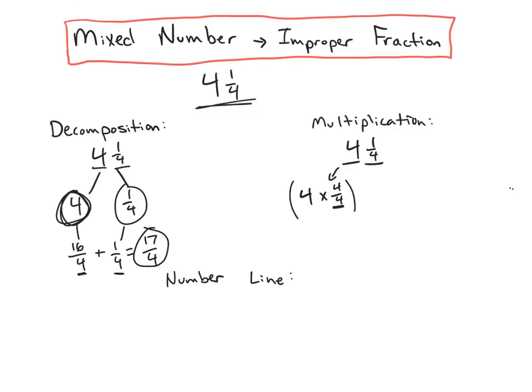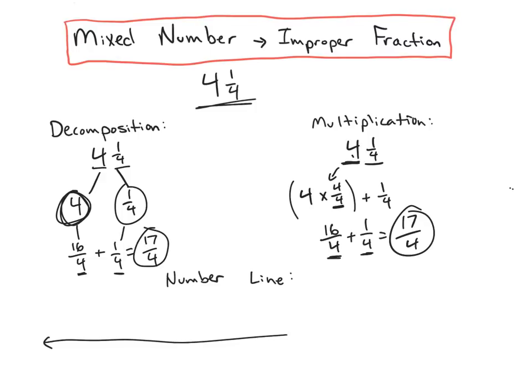And then I'm just going to add in my 1/4. So 4 times 4/4 is 16/4, and then I'm adding my 1/4, and then I get 17/4. So in both situations, we go from rewriting our whole number in terms of fourths, and then we add on the extra 1/4.